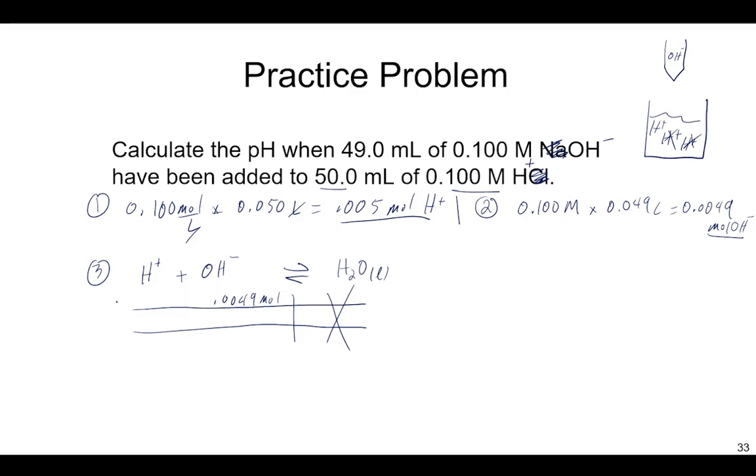So one of them is going to get completely used up. 0.0049 is less than 0.0050, so that's the one that's going to get completely used up and go to zero. The H plus is going to go down by that amount because it's been neutralized in a 1-to-1 ratio.